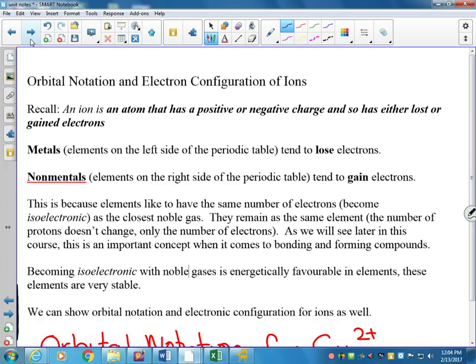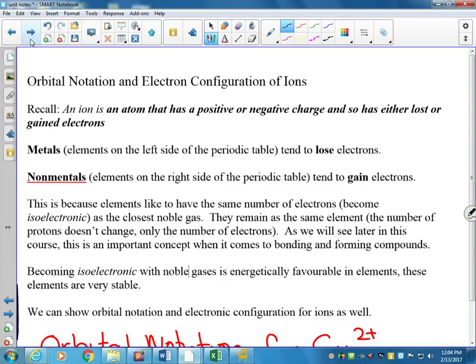They want to be like the noble gases. So they'll either lose electrons, that's like column 1, 2, and 13, like to lose electrons. Column 14 sometimes loses electrons, sometimes gains electrons. But then 15, 16, 17 gain electrons to get their full valence shell. Their valence shells are their s's and their p's.